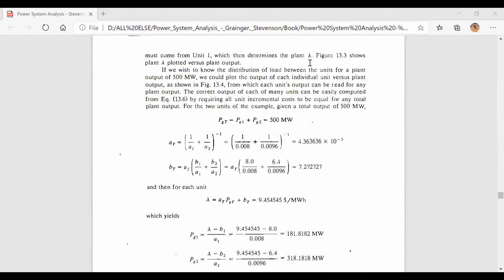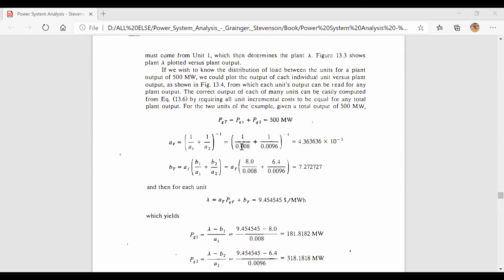All right, so if we wish to know the distribution of load between the units for a plant output of 500 megawatt, you're going to say PG total is PG1 plus PG2, which is 500 megawatt. Now, alpha total is 1 over alpha 1 plus 1 over alpha 2, the inverse of that.